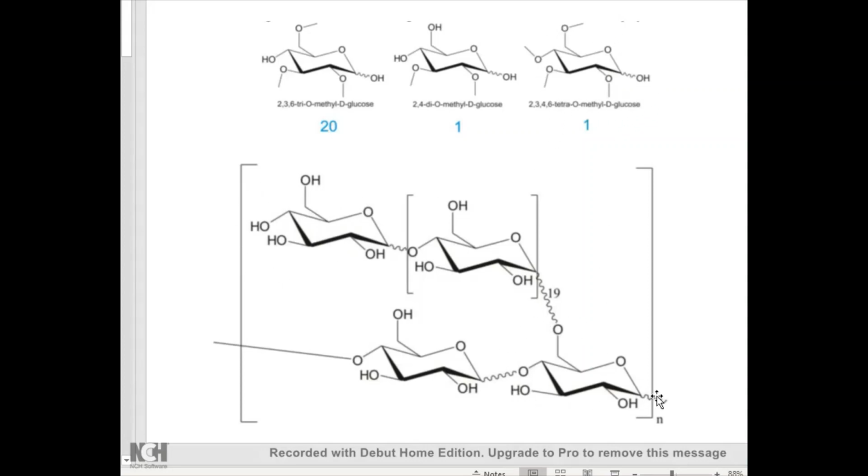And this is a branch point right here, which is bound in the polysaccharide structure through 3 atoms, 1, 4, and 6. So the 1, 4, and 6 OH groups are free in this product. Okay, so this is one answer that you can give, but this is not the only one.